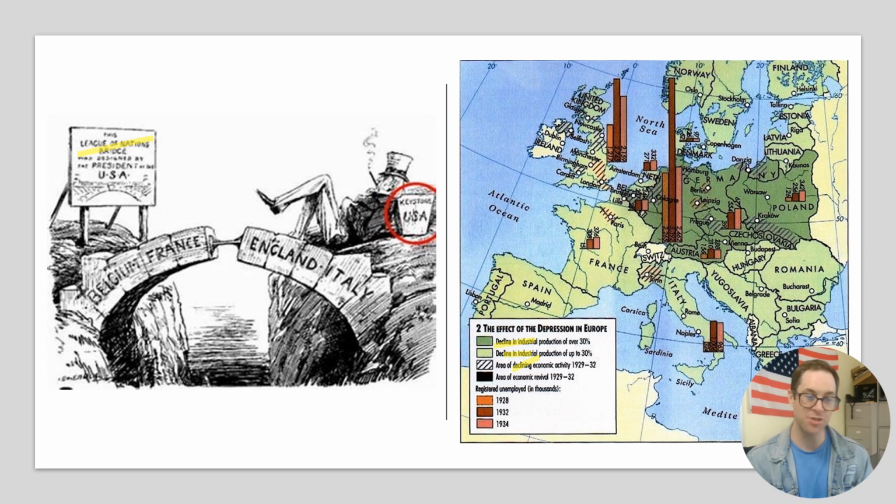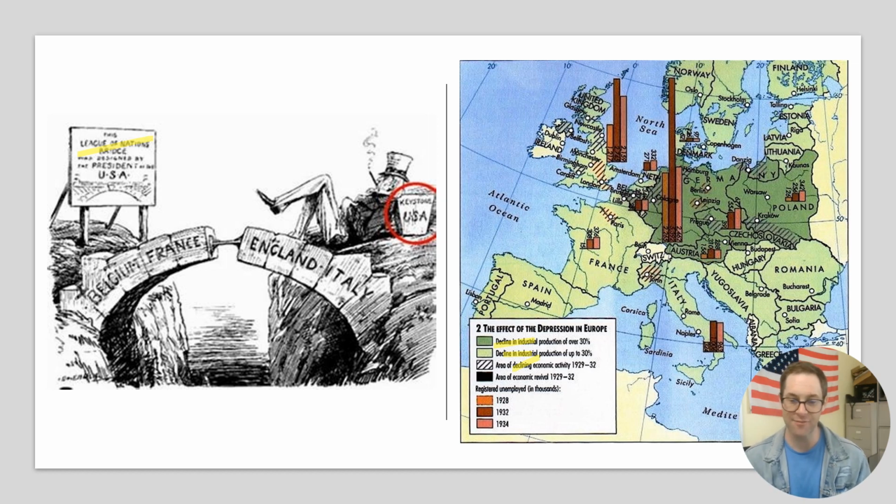But there's more than just that. If you look at the map, it can be really difficult to read because it shows a lot of bar graphs, and it may look like things are going up or increasing, but look at the title, which is inside of the key. It says the effect of the Depression in Europe. And hopefully you're all very familiar with the Great Depression when there was so much poverty around the world.